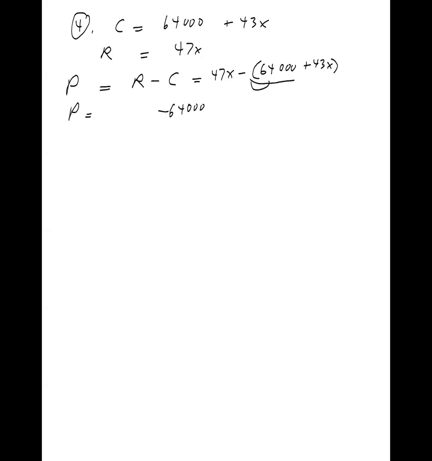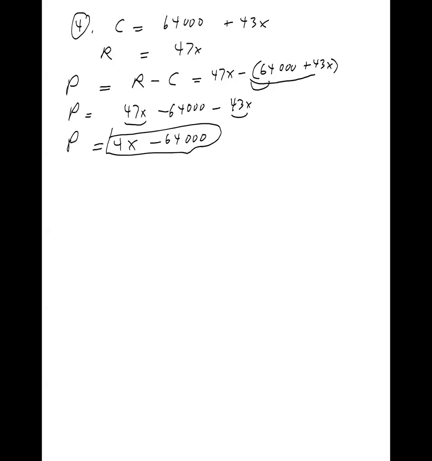If I distribute the negative again, you'll get negative 43x. Then you bring the 47x down in the front, combine the like terms. So this term is a like term with that one. 47x minus 43x is equal to 4x. So the solution is profit equals 4x minus $64,000.